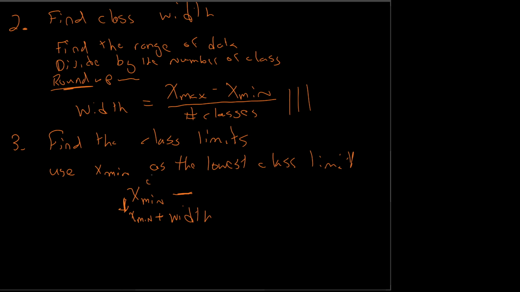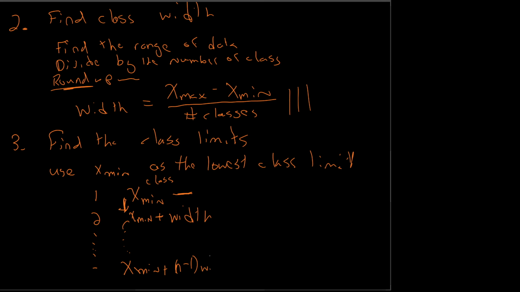So I continue doing this until I get to the last one. Right, let's say I wanted n classes. I do this until I have the nth row. And so this is the x min plus n.